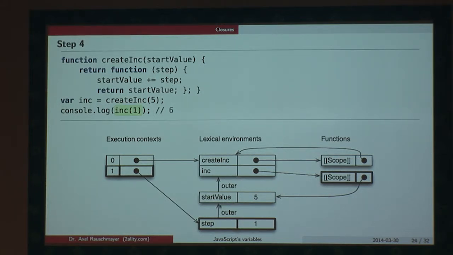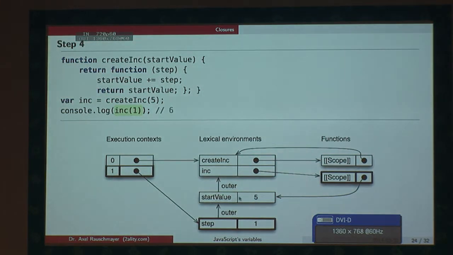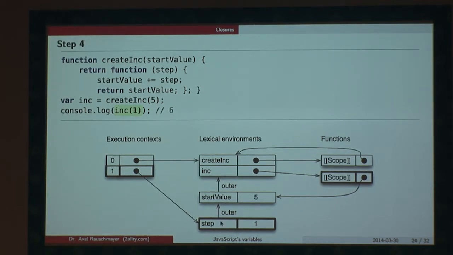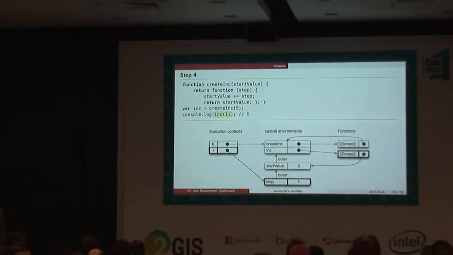And again, outer works as we expected, because this is the environment of the function in here, and startValue, this environment here, is the environment of createInc. So it's correct because this function is nested inside createInc, and createInc is nested inside the global environment. So the chain of outer environments perfectly reflects the nesting that goes on in the scope, in the code.